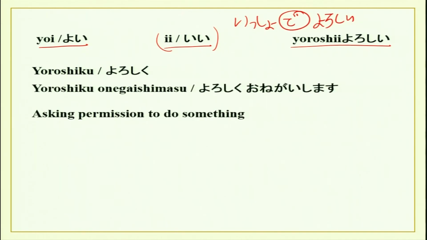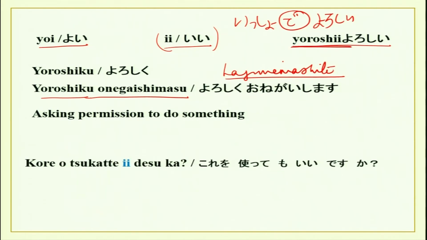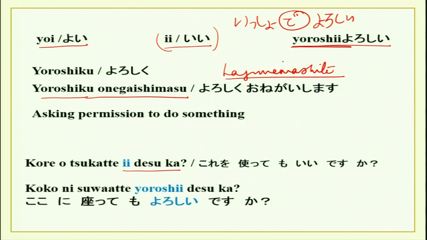Well, yoroshiku onegai shimasu. First time when you meet someone, hajimemashite, yoroshiku onegai shimasu. So, yoroshiku means asking permission to do something. Now, you can see, kore o tsukatte ii desu ka? Is it all right if I use this? And koko ni suwatte yoroshii desu ka? Is it all right with you if I sit over here? Very, very polite. Koko ni suwatte ii desu ka? この椅子を使ってよろしいですか? Is it all right if I use this chair? So basically being very polite.